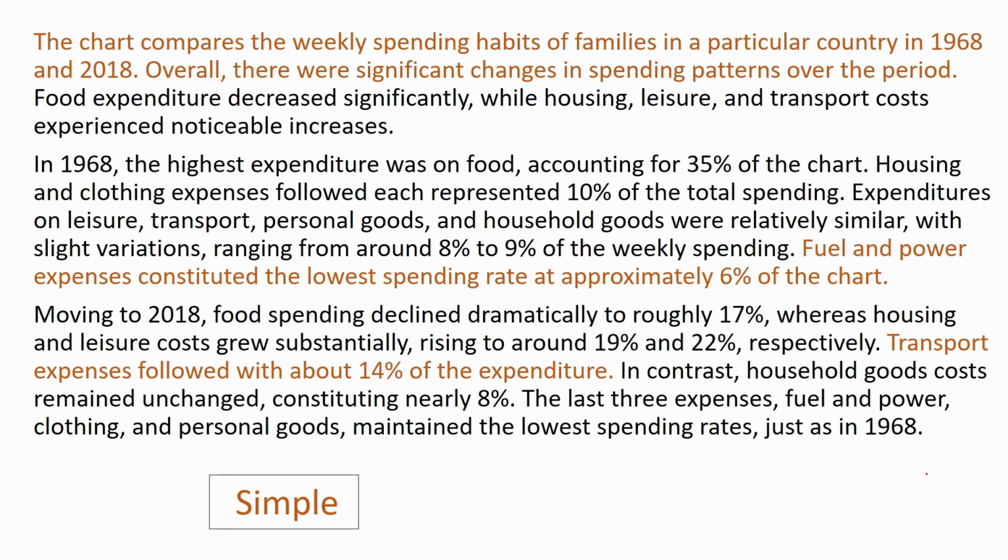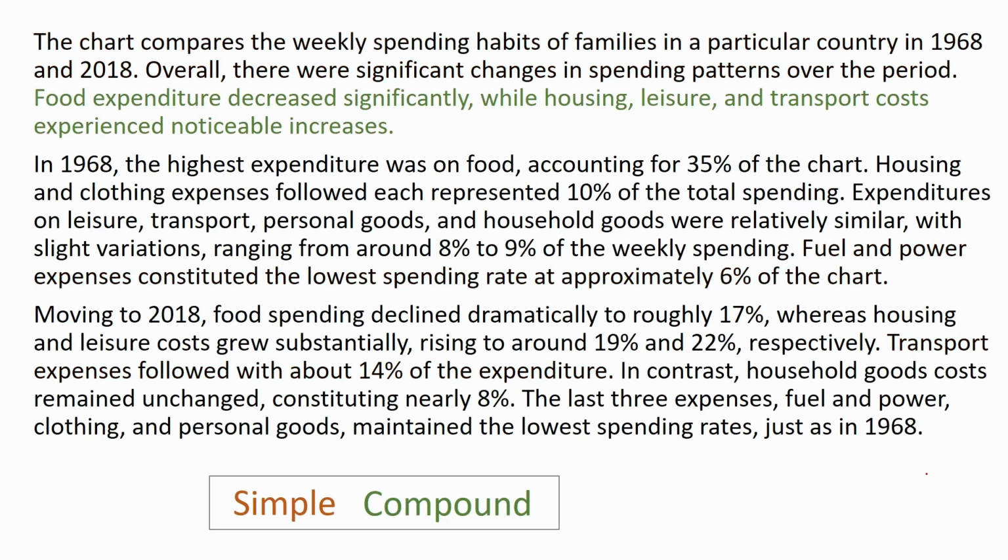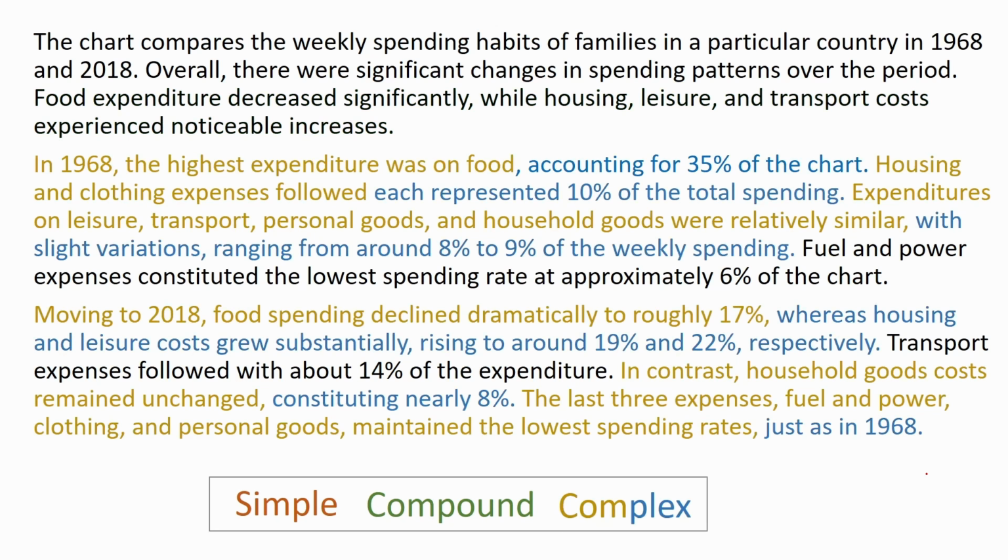In terms of grammar, as usual, I used 3 forms: simple, that you can see in this color, compound, as you can see in green, and complex forms in 2 colors. Let's begin with the first one. In 1968, the highest expenditure was on food. This one is the main clause, and the blue part is the subordinate clause.